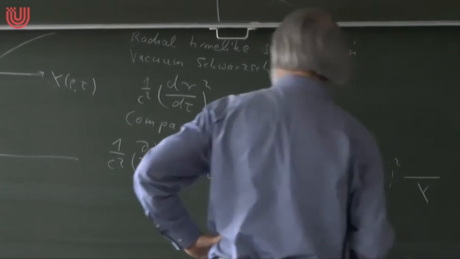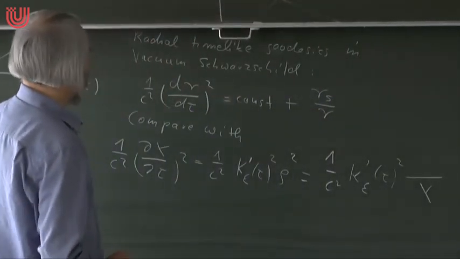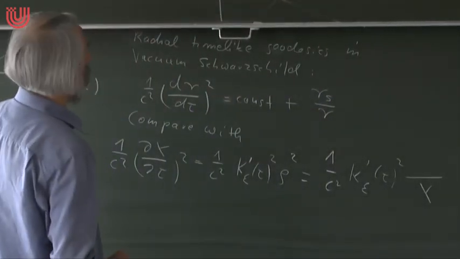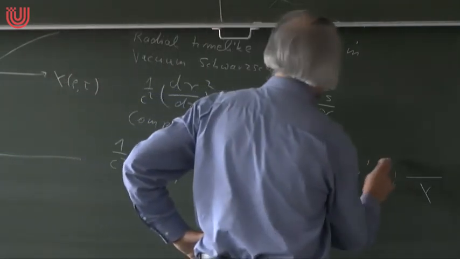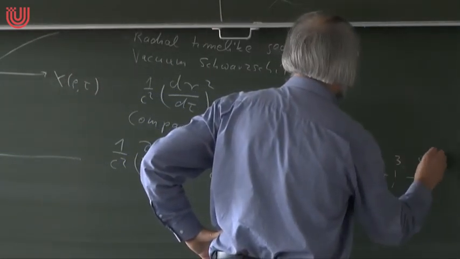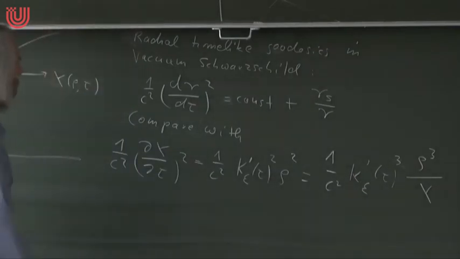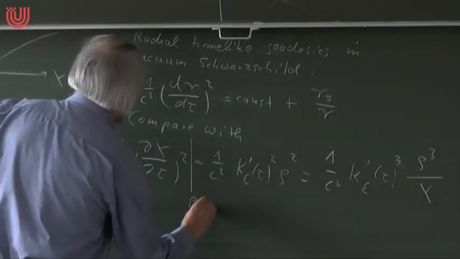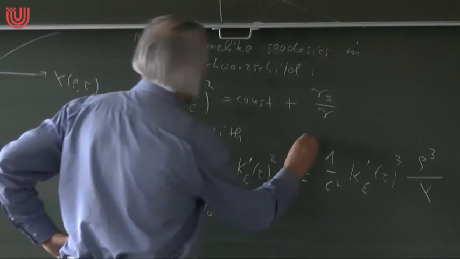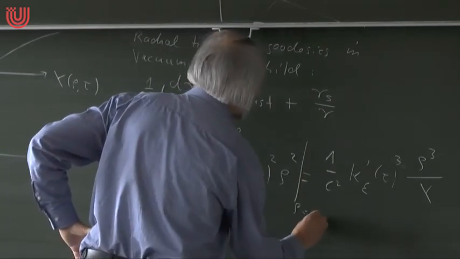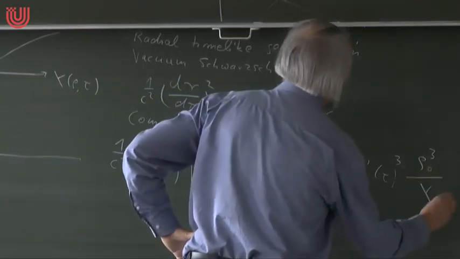So y is k times rho, so I have this 3 times rho cubed. And if I evaluate this on the surface of the star, then rho naught is a constant.